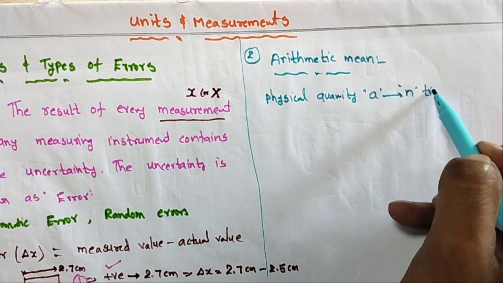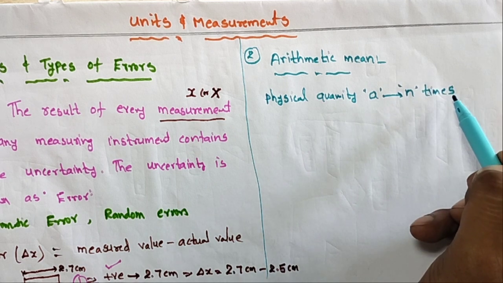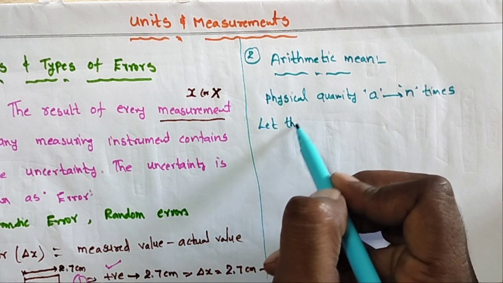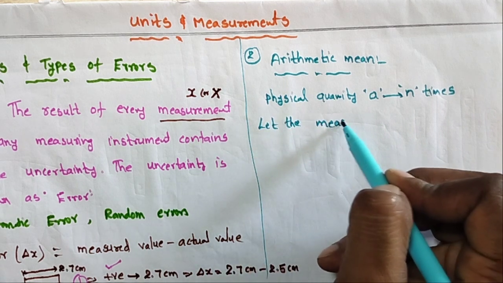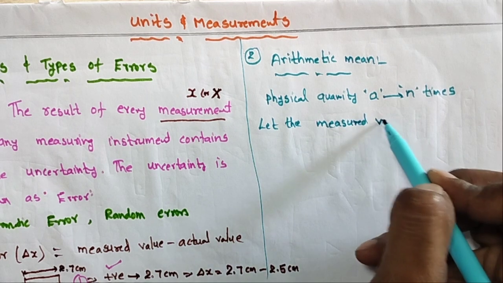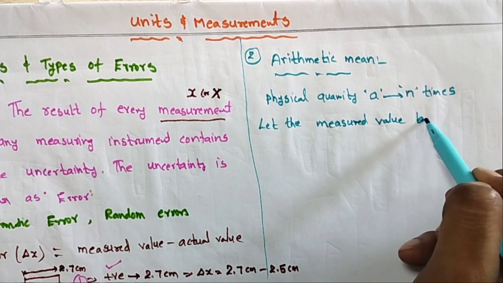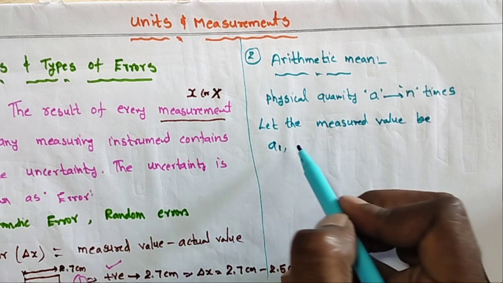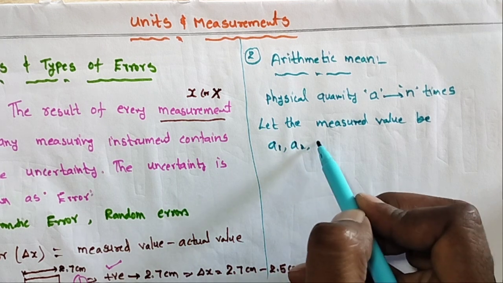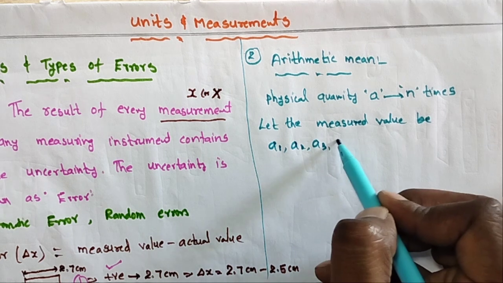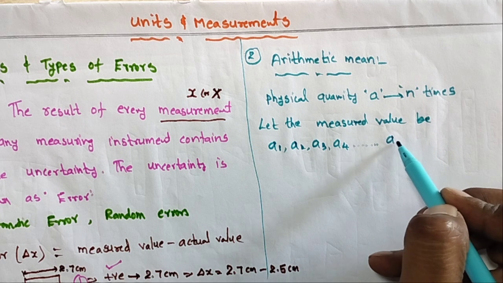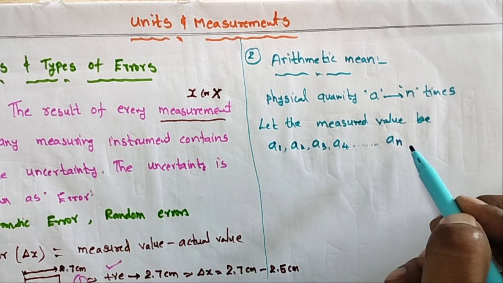Let the measured values be: first measurement a1, second measurement a2, third a3, fourth a4, and so on, and the nth measurement an.